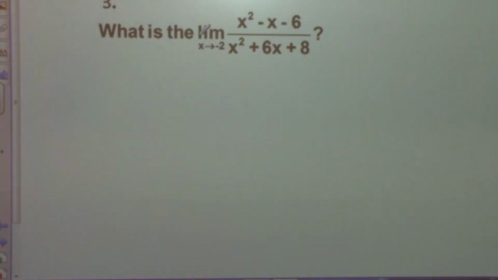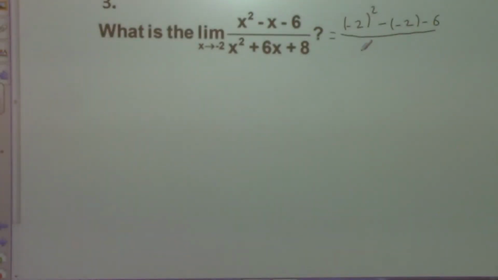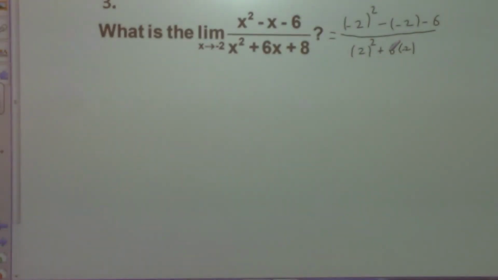So here we have this expression, and if we try substituting, we would have -2 squared minus -2 minus 6. And so in the denominator, you'll have -2 squared plus 6 times -2 plus 8.